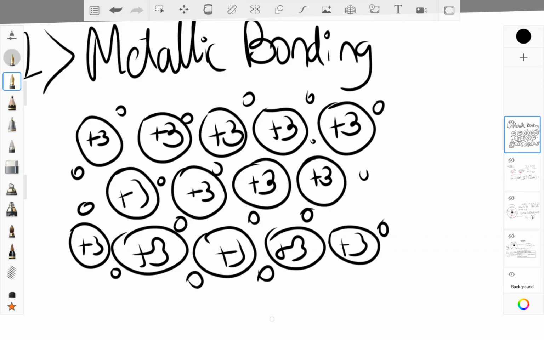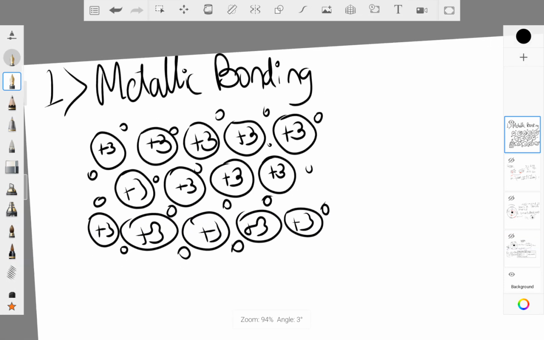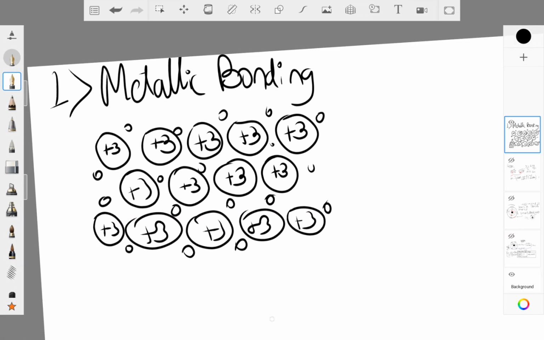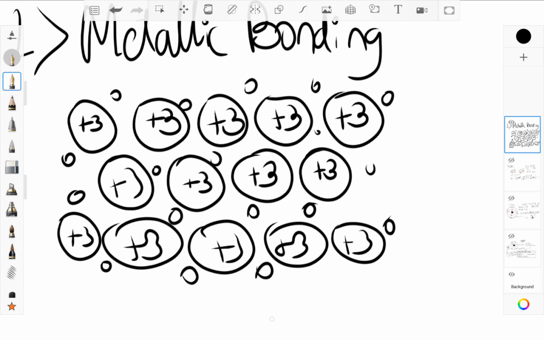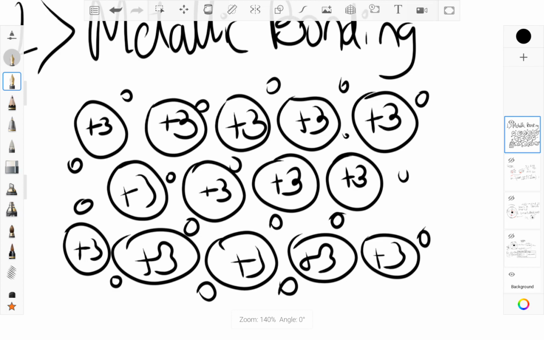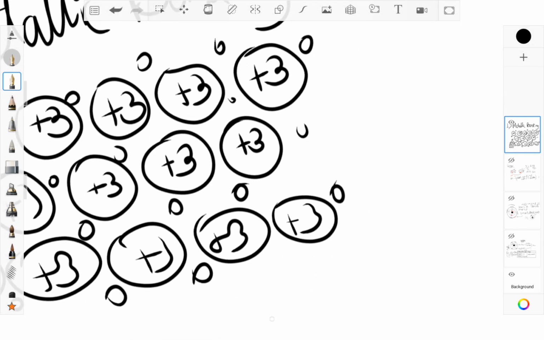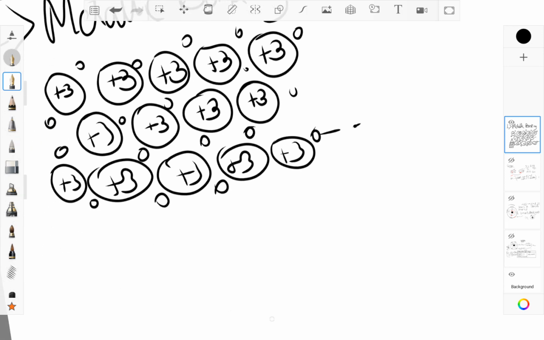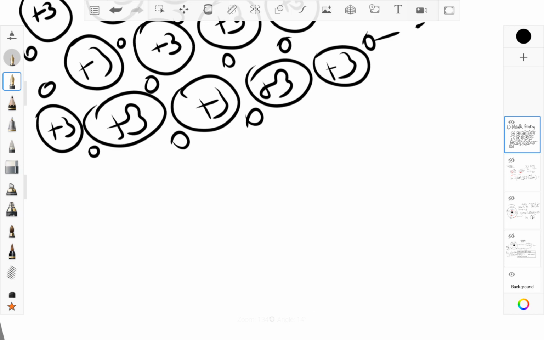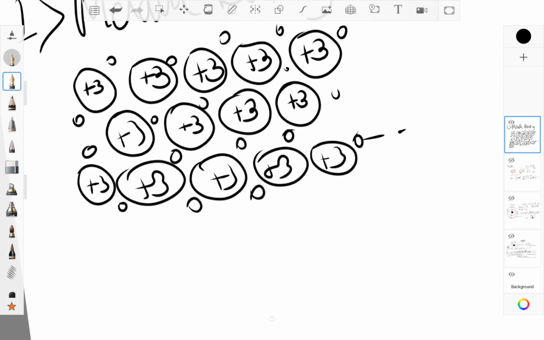I've decided to take aluminium as an example here, and you can see that in this case I have a bunch of aluminium cations which have a +3 charge deposited in a sea of negatively charged electrons. So these are the electrons and they have a negative charge. Now some of you may be wondering, where did these cations come from? Well, that will also help explain how the sea of electrons formed.